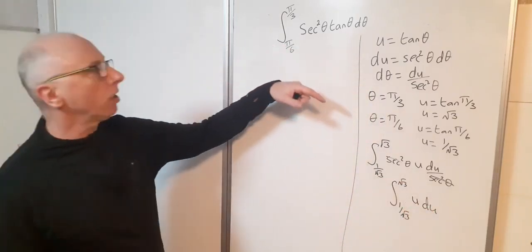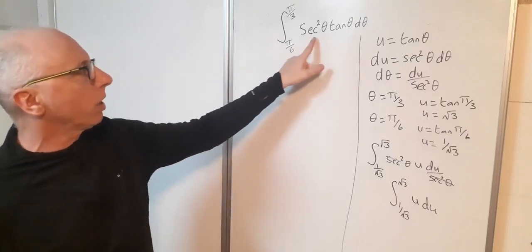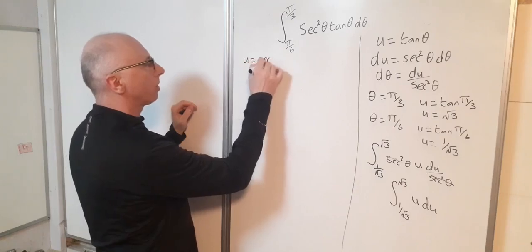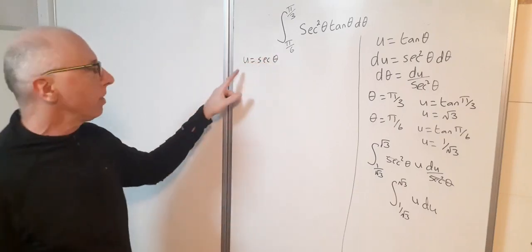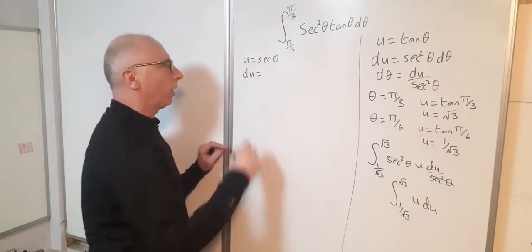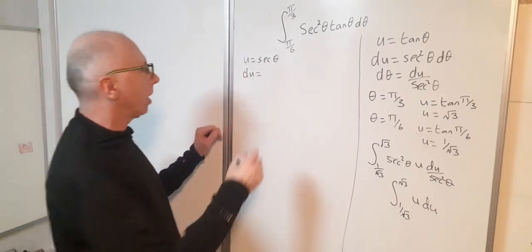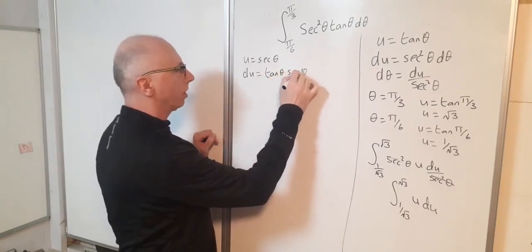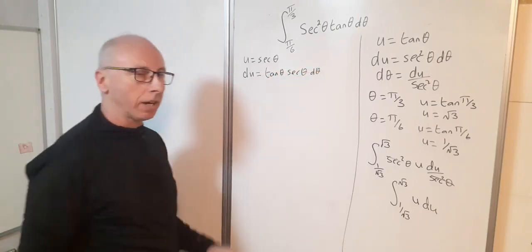Now let's work on the other side where u equals secant theta. Let's take the derivative of both sides, and then du equals the derivative of secant theta, which is tan theta secant theta d theta. So that takes care of that.